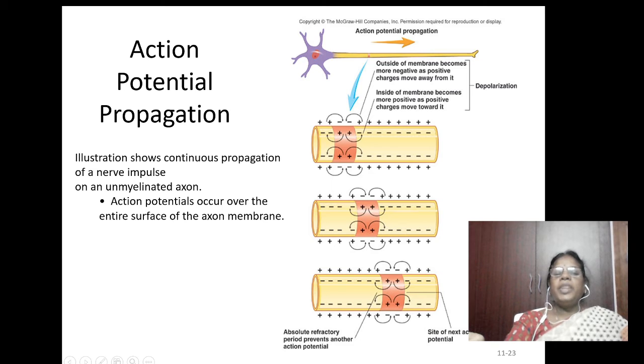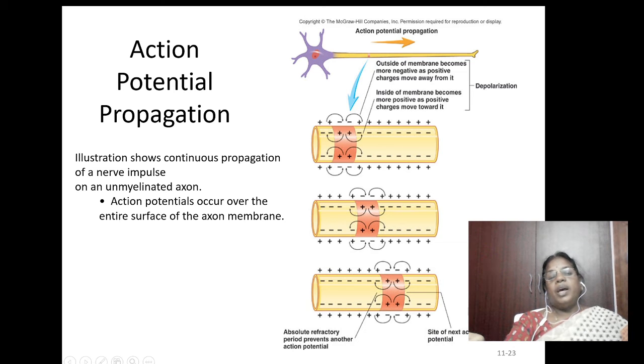This is the nerve cell. This one is the axon fiber. So here the impulse is transmitted. It's a part of the axon. So here this is the resting potential. This red colored portion is the action potential or depolarized part.